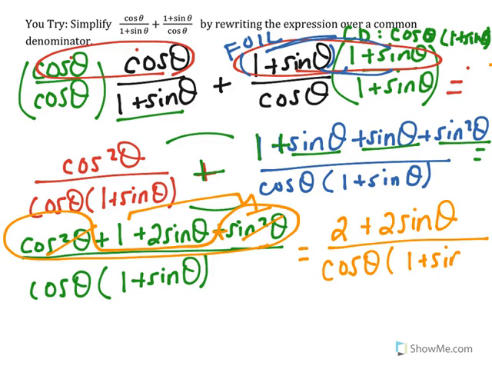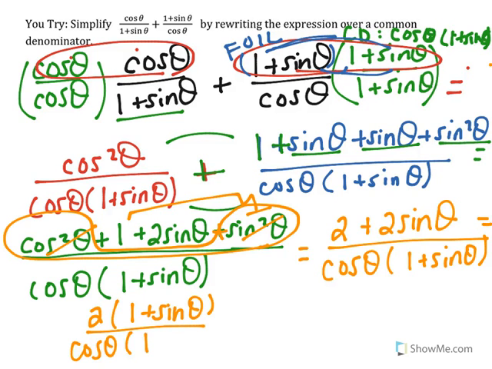And this one is starting to look extremely similar to the last one, which I want you to see again. 2 plus 2 sine of theta. We want to get the 1 plus sine of theta to cancel, so we need to pull out the 2. We'll be left with 1 plus sine of theta on top, cosine of theta times 1 plus sine theta on the bottom. And again, it works out so nicely.